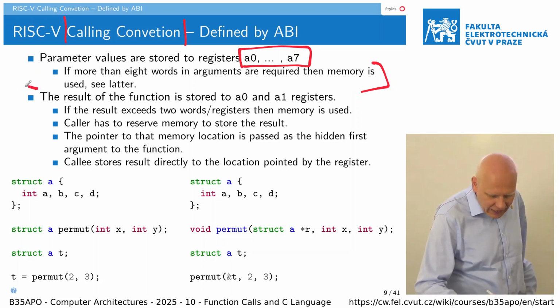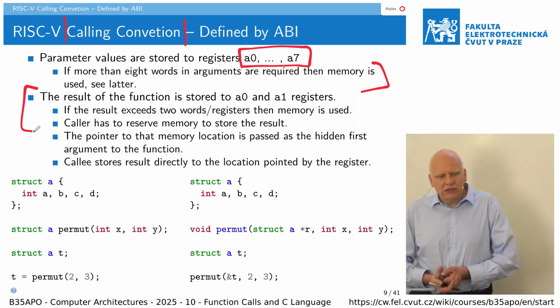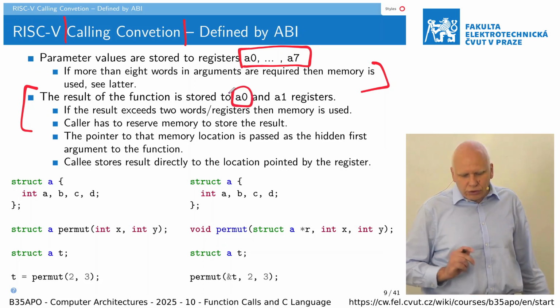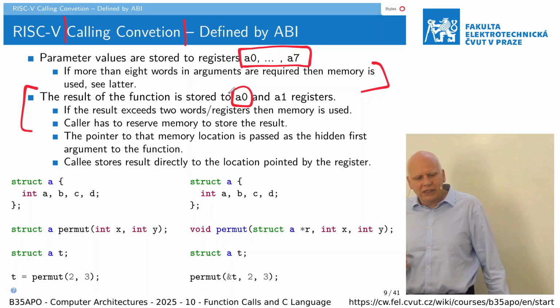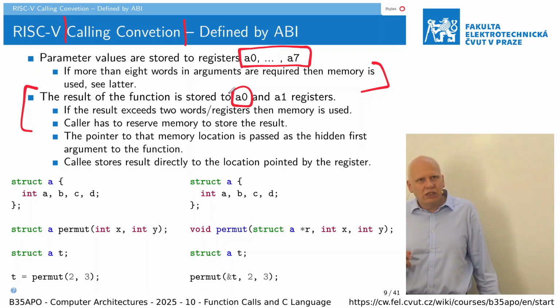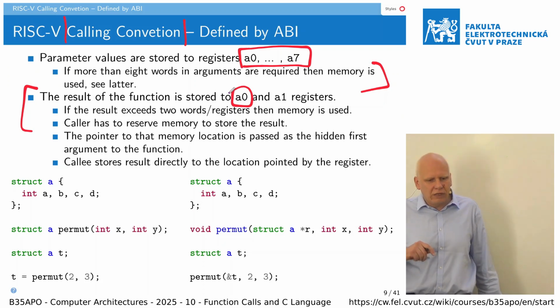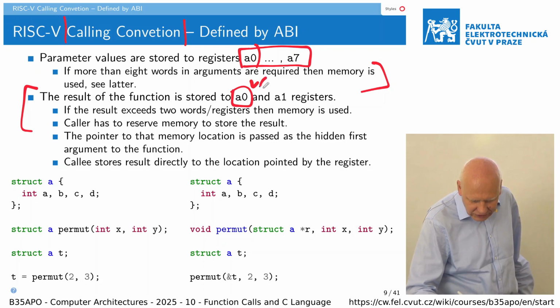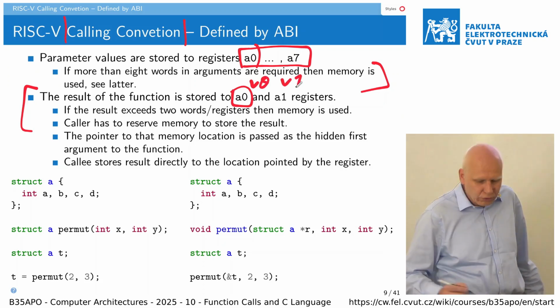And the result of the function is stored to the A0 register again. Usually on some other architectures, which do not overlap the return value registers with the argument registers, these are called V0 and V1, value 0 and value 1.